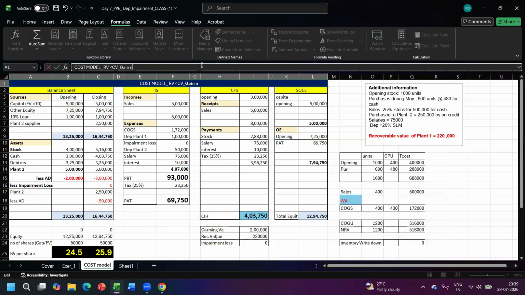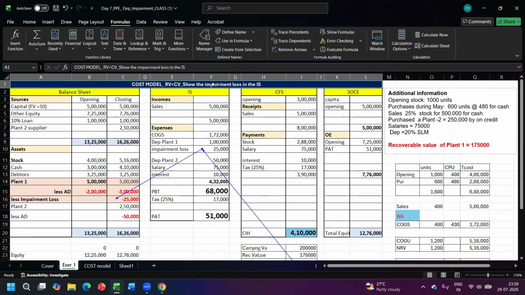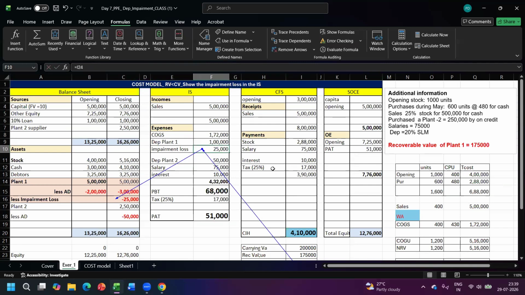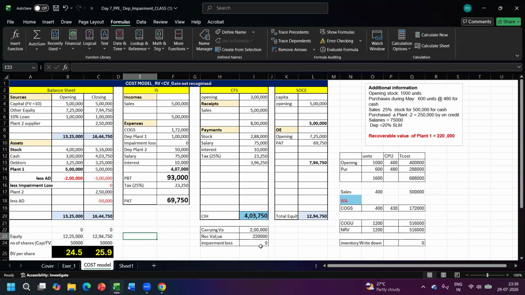Gain not recognized. That's a better word. Not recognized. Whereas the loss, if any, is recognized. You see, this loss is 25,000. Here there is a gain, but still the gain is not shown in the income statement, and the plant will continue to appear at the cost, not at the recoverable value.